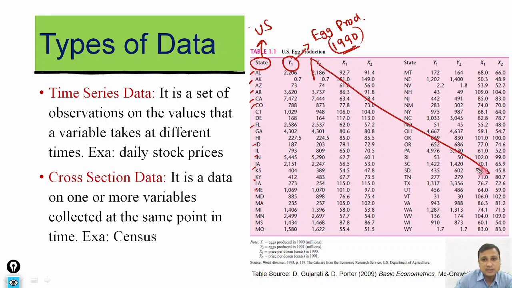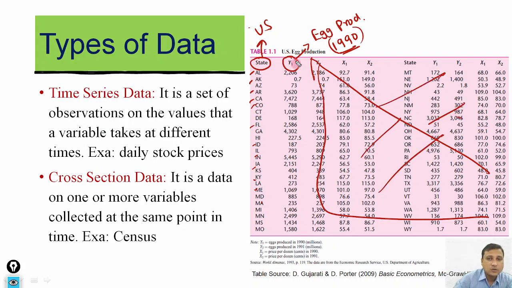Now don't consider this other part of the data. If there is only one single time, and for that particular time period you are collecting the production data from the different states, then that data becomes cross section data. It is data on one or more variables collected at the same point of time. Fine. So that is cross section data.